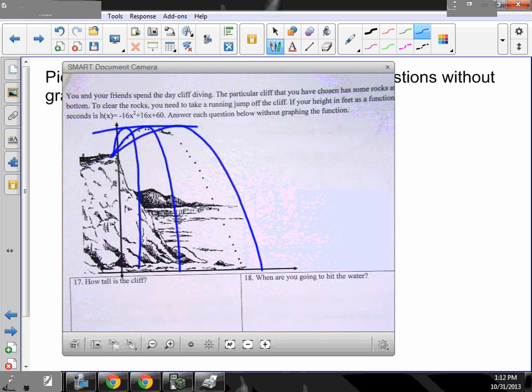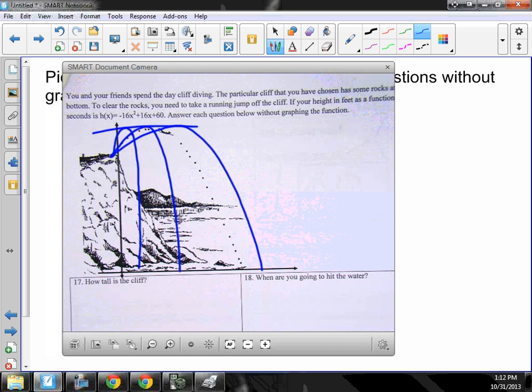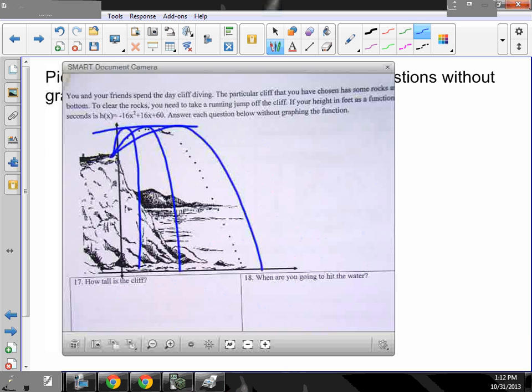The function is not a function of how far he travels. It's just a function of how high he is above the water for every given second. So if you plug in 1 second, that tells you how high he is. It doesn't tell you which one of these graphs he's following. In order to know that, we need to know how fast he's moving horizontally.